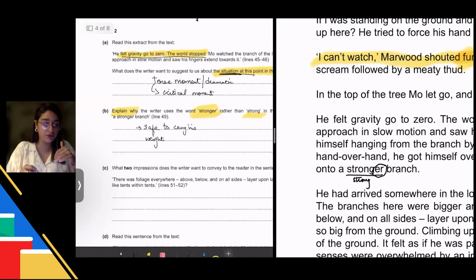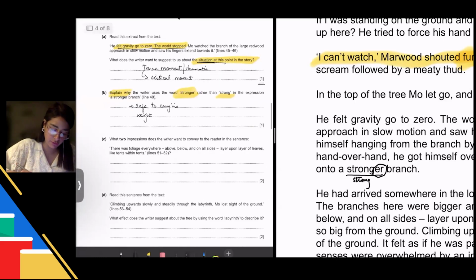That is something that you need to talk about. Since this is comparative, we're talking about how the branches need to be comparatively stronger than those around him, or be able to support his weight. Anything along those lines should give you the mark.